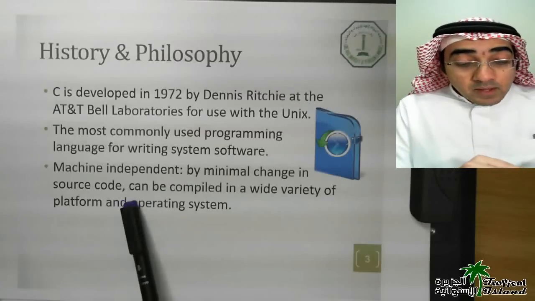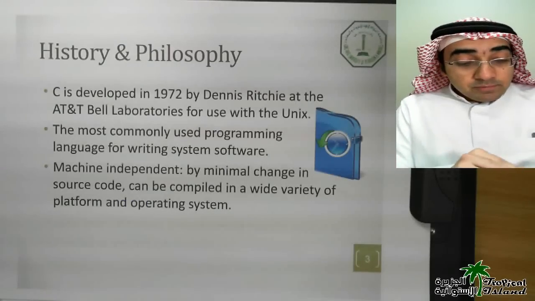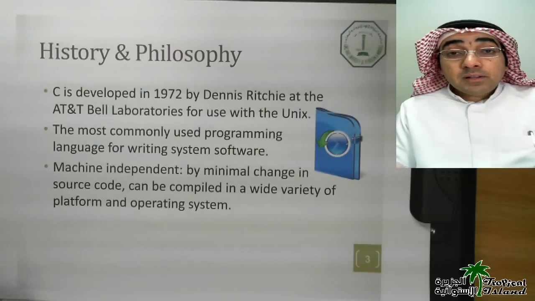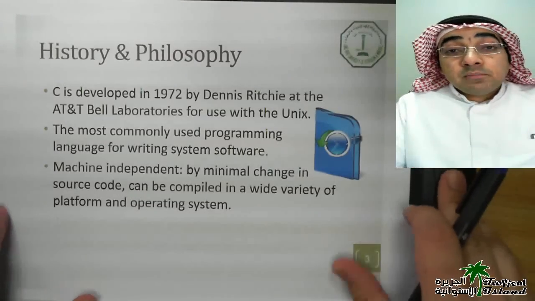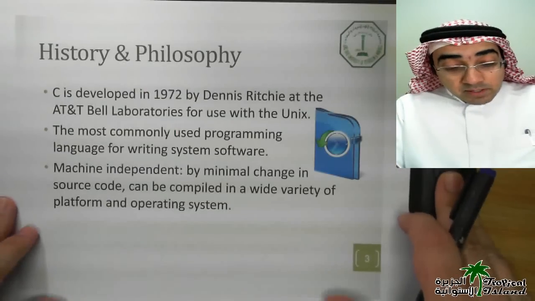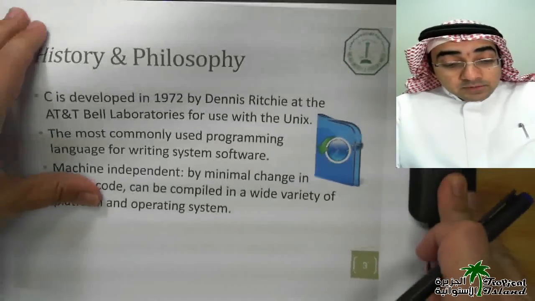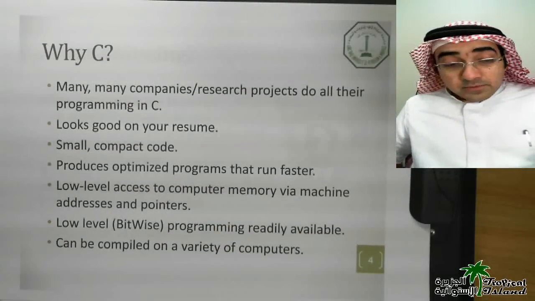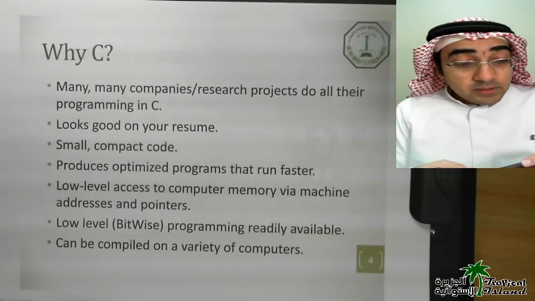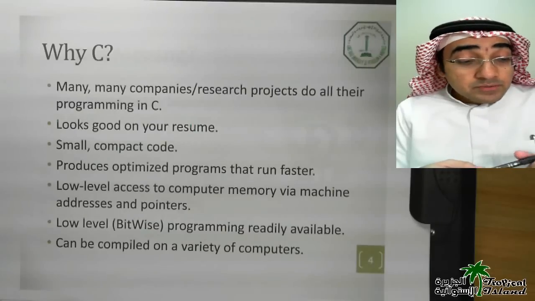Okay? And it can be compiled on a wide variety of platforms and operating systems, since there's compilers for different operating systems. There's a compiler for Linux, there's a compiler for Unix, there's a compiler for Windows. You can actually compile it on any program and run it on any operating system. Okay? There's also a compiler for C, I think on the Android and the Mac operating system.